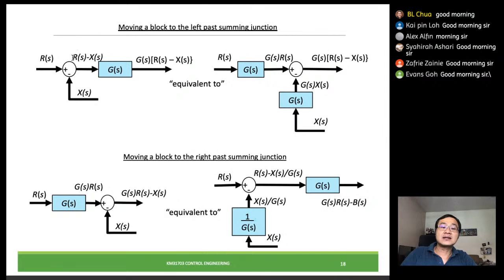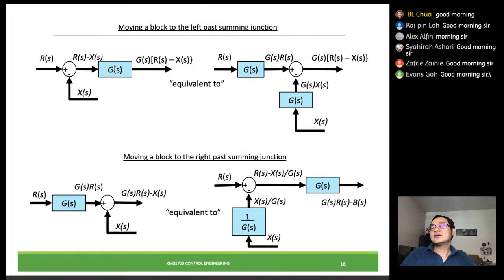When this R minus x goes through this transfer function, the whole thing is multiplied by G. So this is our final signal coming out at this point. Our intention now is to move this over here. We still maintain the input of R, and the output of G multiplied by R minus x.